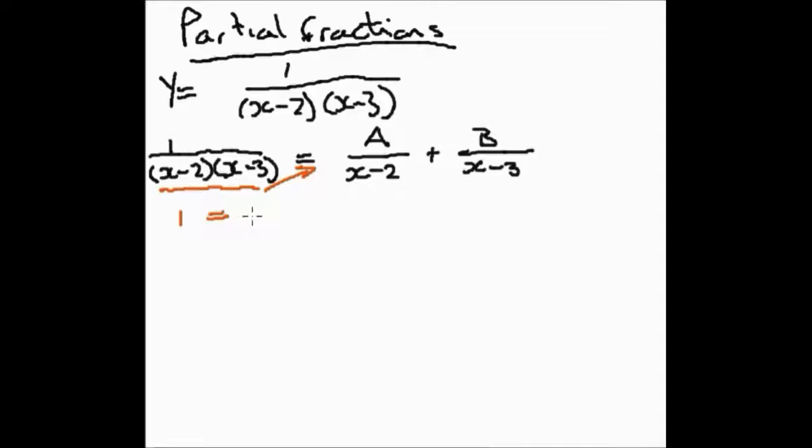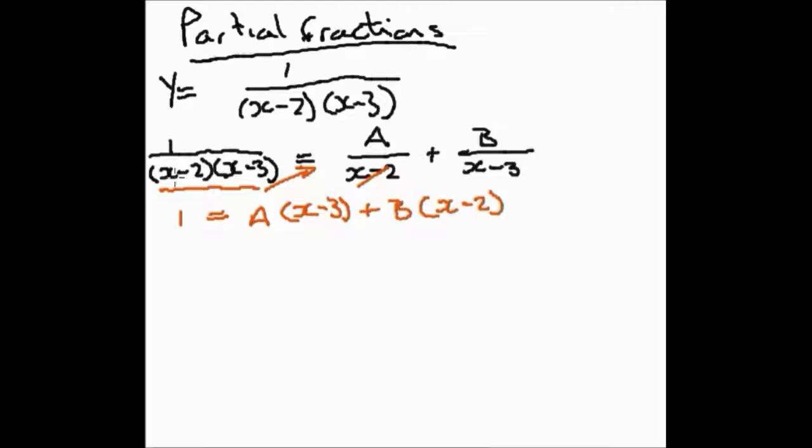So that should equal A into (x minus 3) plus B multiplied into (x minus 2). What you see there is, if I multiply A by (x minus 2)(x minus 3), the x minus 2 and that x minus 2 cancel out.